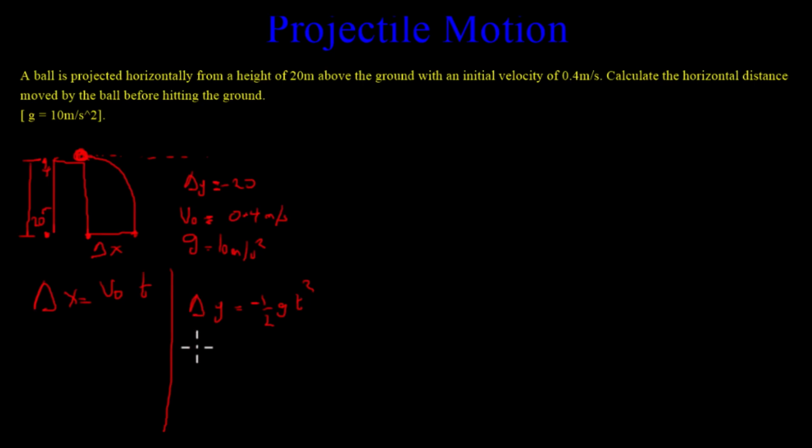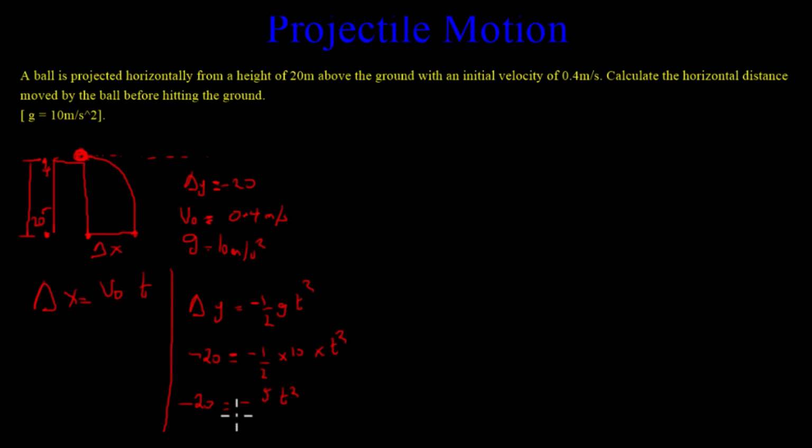So delta y, we already said it is minus 20, so minus 20 is equal to minus 1 over 2 times 10 times t squared. So minus 20 is equal to minus 5 t squared.